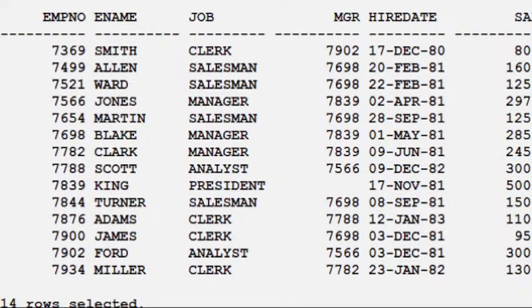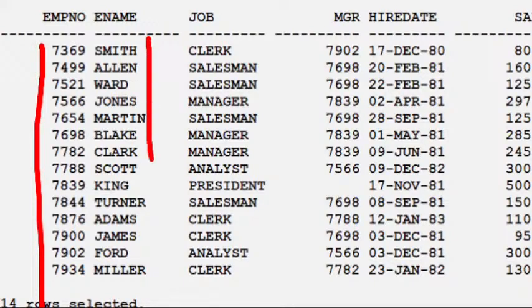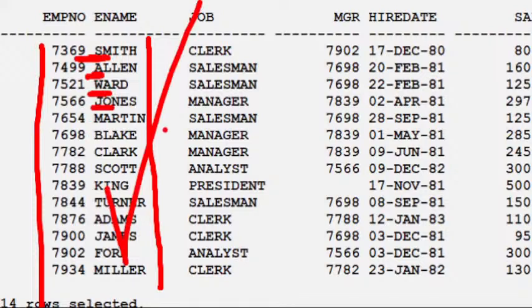Order is what? Mandatory or does it not matter? Optional. Now if you see employee number, either ordered or not ordered, I don't know. Does ename have any order? Order means A to Z, but A to Z is not there. Is there any order? No, but still it is correct.